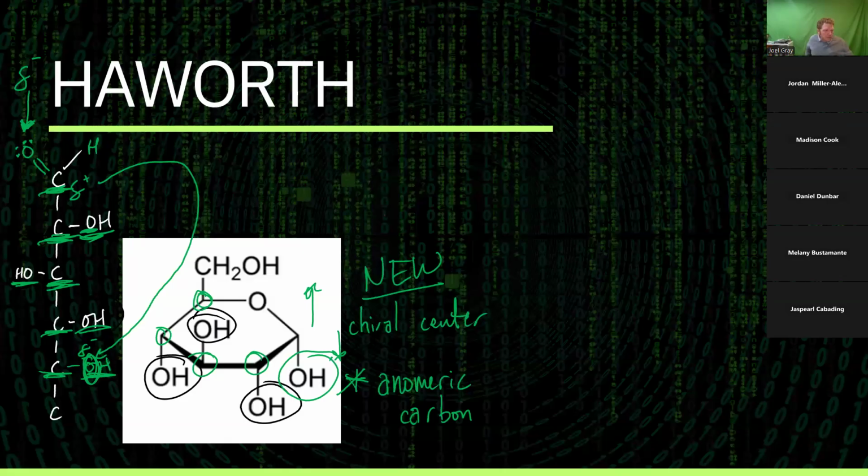Now, with that said, the takeaway is I want you to know how to translate from a linear form to a cyclic form. If it's on the right-hand side, the OH group goes down. Right-hand side, the OH is down. Left-hand side, the OH is up. All there is to it.